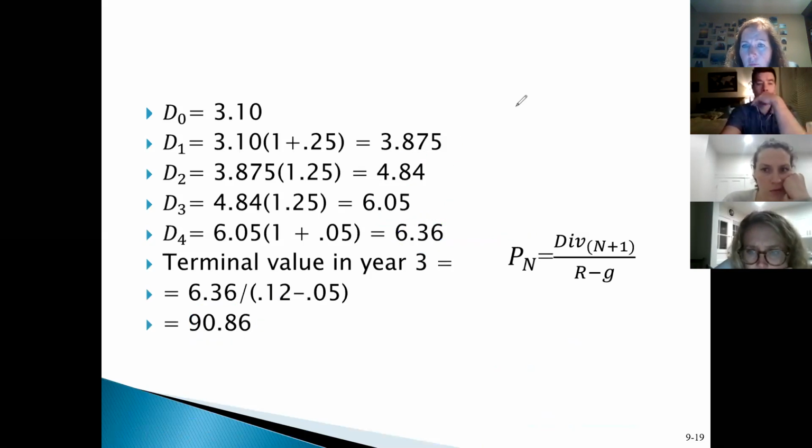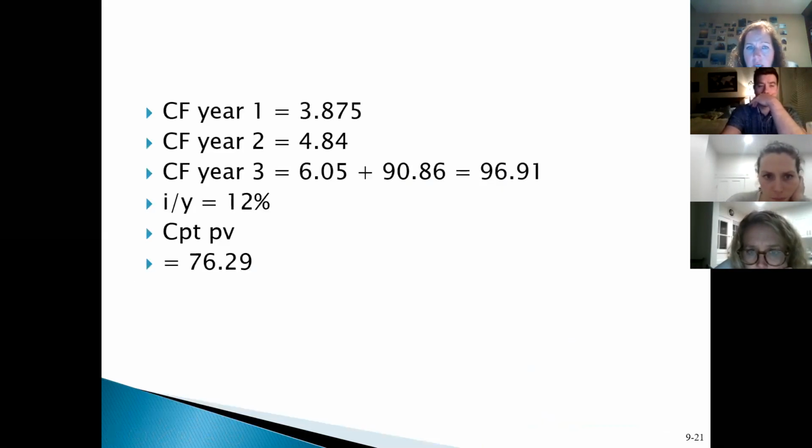And when I put this into the formula, I have a cash flow in year 1 of 3.875, in year 2 of 4.84, and then in year 3 I have the supernormal growth dividend of 6.05 and that terminal value, the price using the dividend growth model formula, of 90.82.